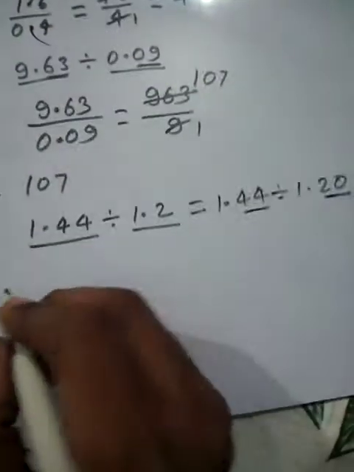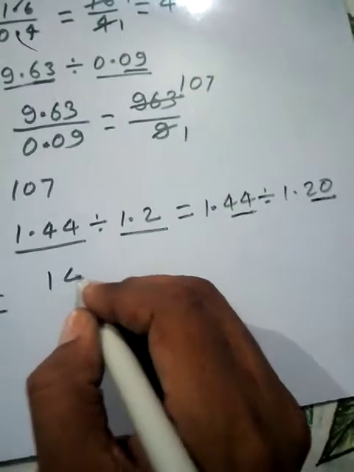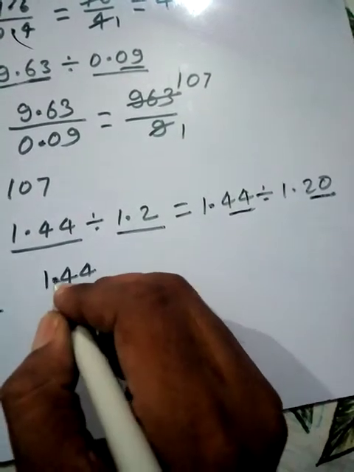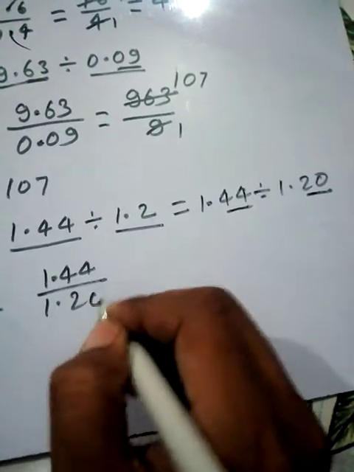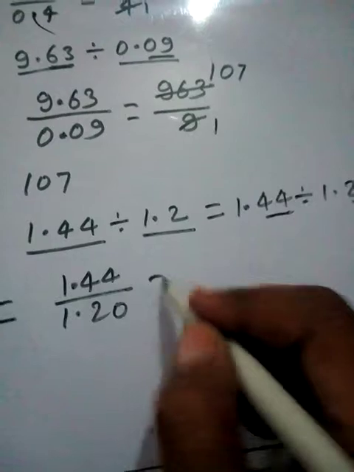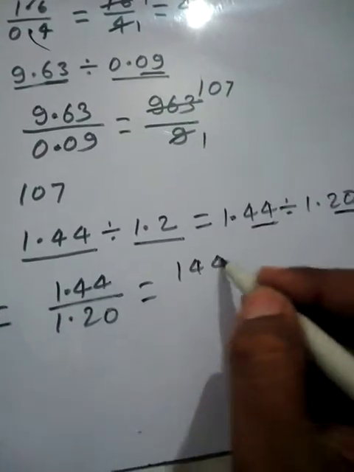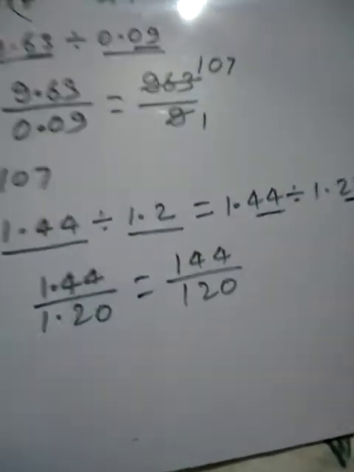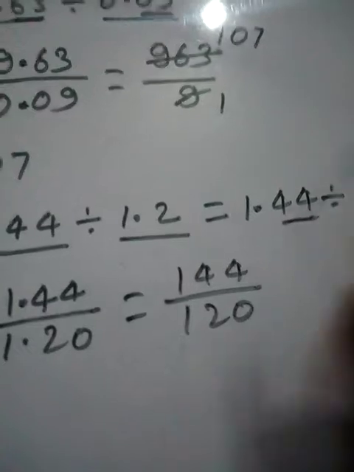Now remove the decimals. Simply 144 by 120. Now you have to cancel out.